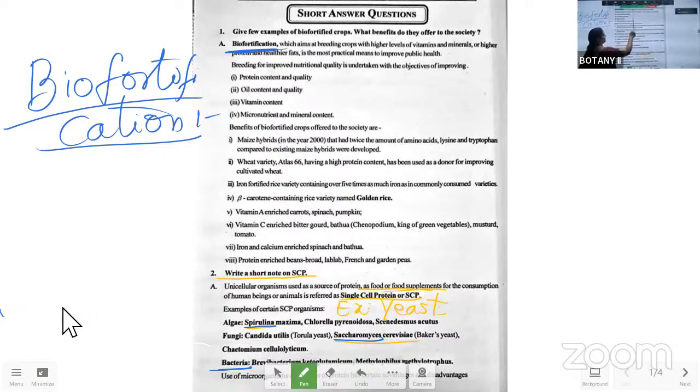Biofortification means when we are growing plants with high levels of vitamins and minerals in them to satisfy the needs of the person, that is called biofortification. The plants which are growing, which will have a high amount of minerals and proteins in them, that is called biofortification.